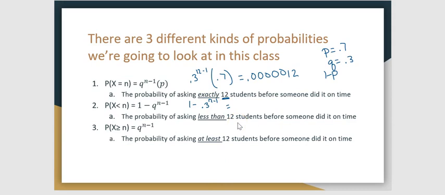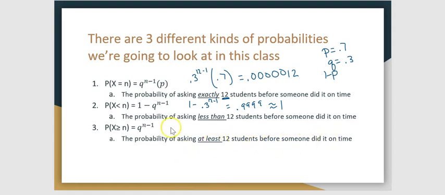Okay, and so I'm in Desmos doing that math. 1 minus 0.3 to the 11th is 0.9999999, or approximately 1. Which makes sense, right? If I have this teeny tiny number for getting 12, then the chances of me being less than 12 are really, really high.